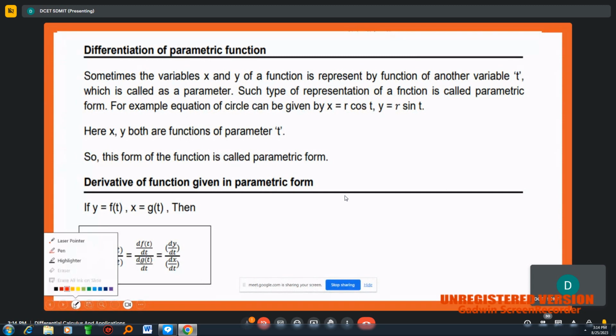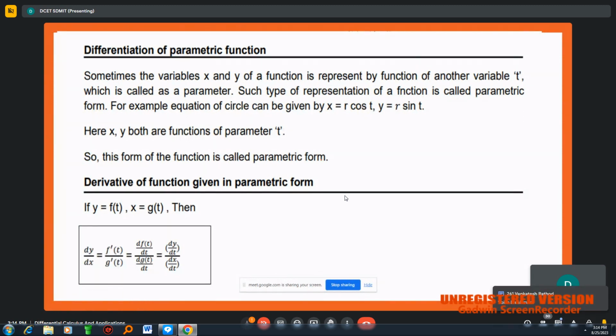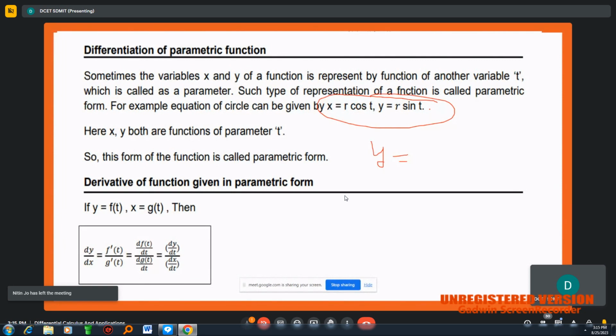For example, x is equal to r cos t and y is equal to r sin t. Here x and y are defined with other variables, that is t and r. This type of equation is called a parametric equation. Such a representation of a function is called parametric form.